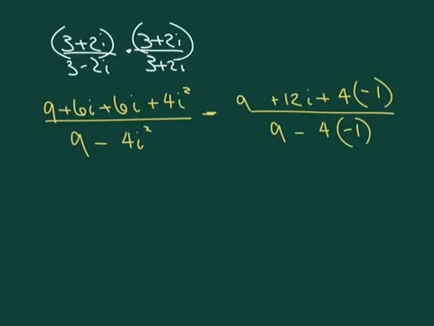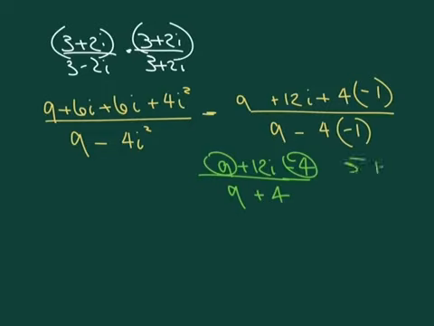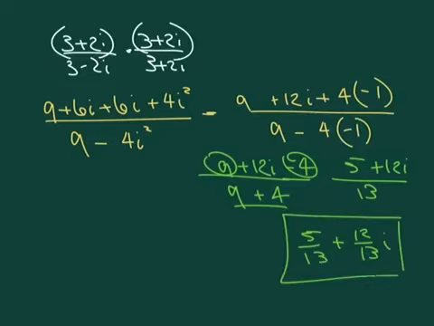And that gives me 9 plus 12i minus 4 over 9 plus 4. So 9 minus 4 is 5 over 13. Okay, so then we split those up to 5 over 13 and 12 over 13 with an i there. So it looks like that.